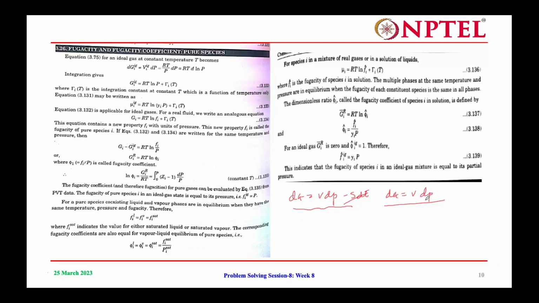For ideal condition, V is equal to RT by P, right? So we can write down this as RT d ln P, right?